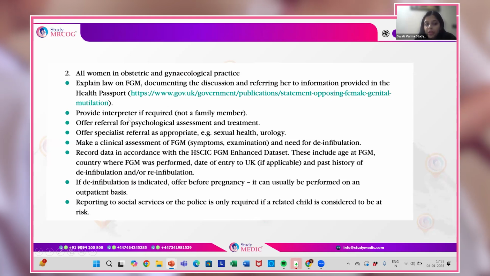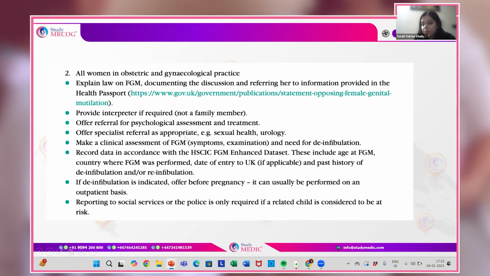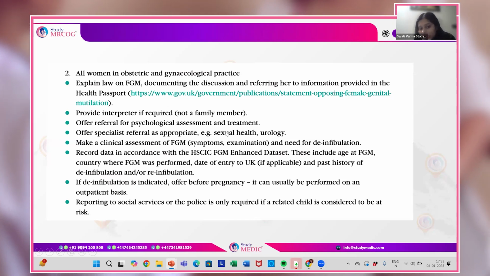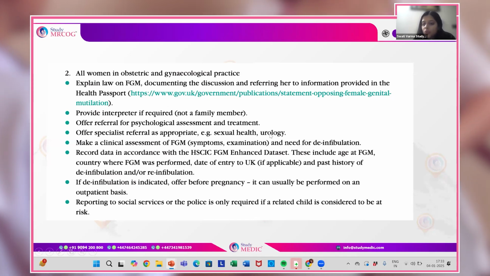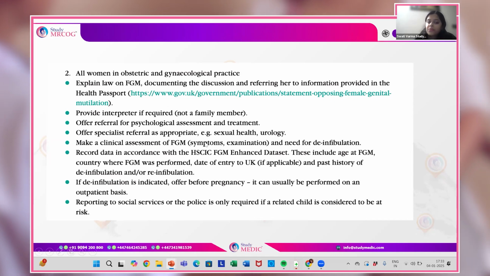Provide an interpreter if required, offer referral for psychological assessment and treatment, offer specialist referral as appropriate. Like suppose she's coming with dyspareunia or anorgasmia, then sexual health. If she's coming with urinary retention, then urology. Here she's coming with HMB, so if an option is given to refer to gynae services, along with documentation you will refer her to gynecology services also.